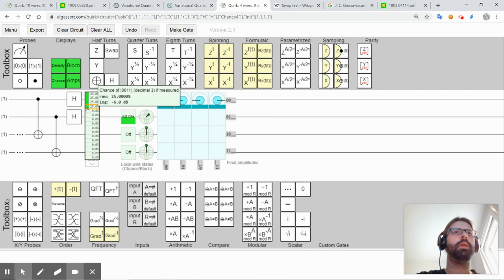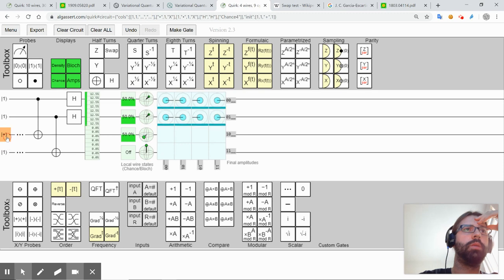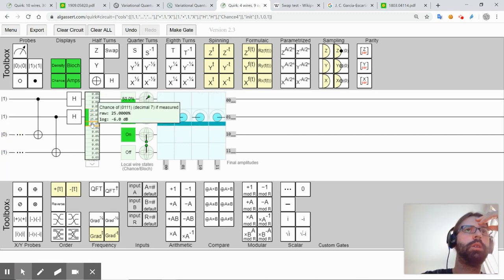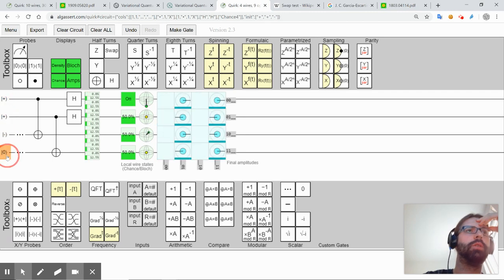Okay, so the more different these things are, right? Let's say it's plus plus and this is minus minus, so they are literally opposite.